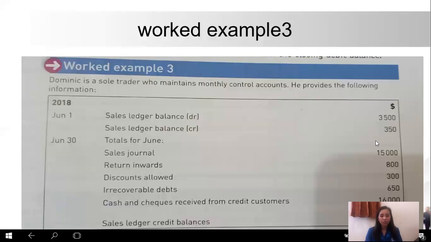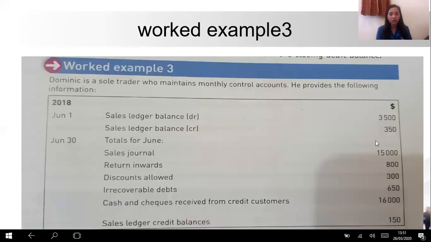Okay, for that case we do have an example. Here is the example. Dominic is a sole trader who maintains a monthly control account. He provides the following information. Can you see? June 1st, sales ledger balance is debit 3,500.